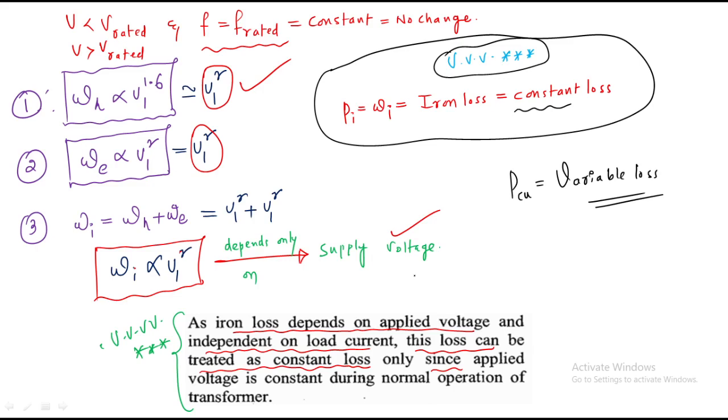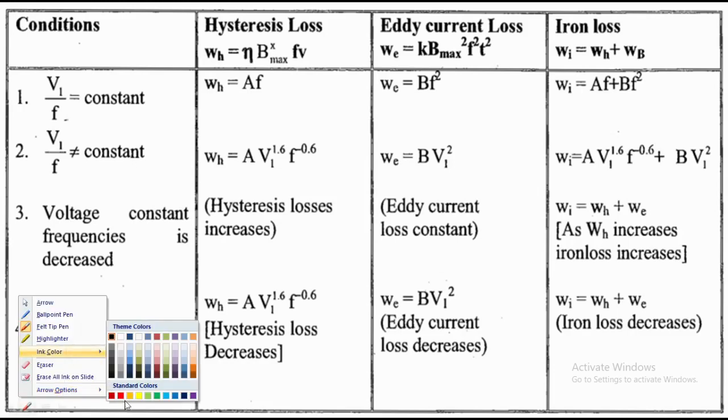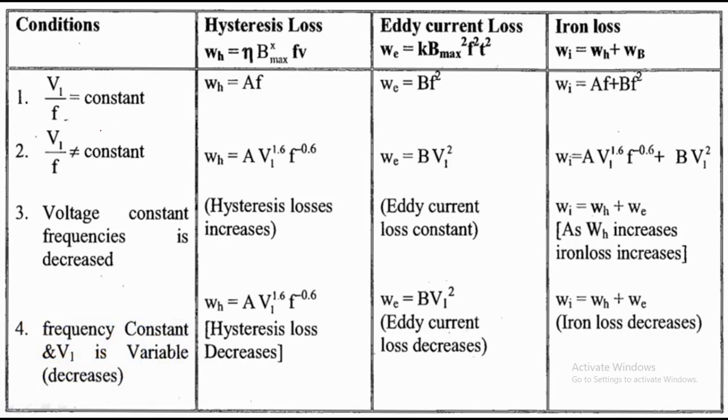Just go through these observations once again without any confusion. So this is the summary table for W_h and W_e. We all know the first case: voltage by frequency is constant, that is B max is constant, right? In that case, W_h is proportional to frequency, and W_e is proportional to frequency square.